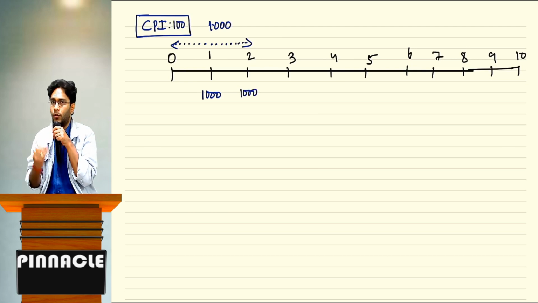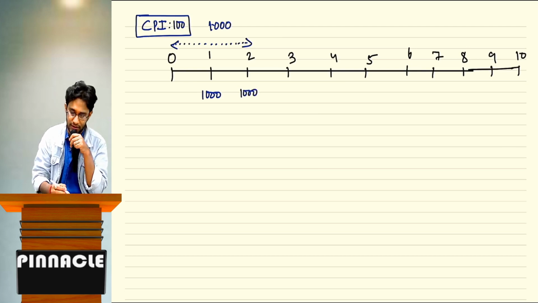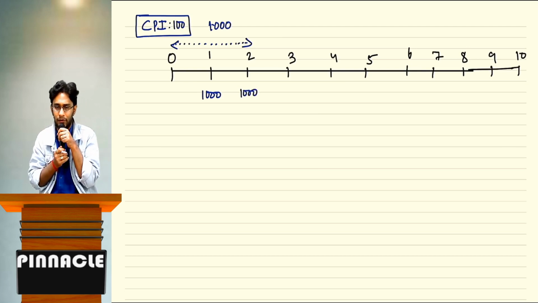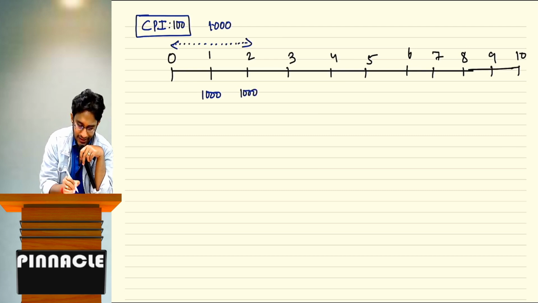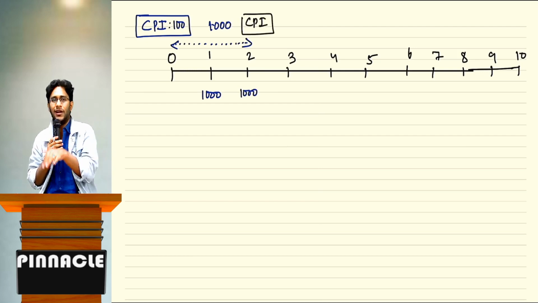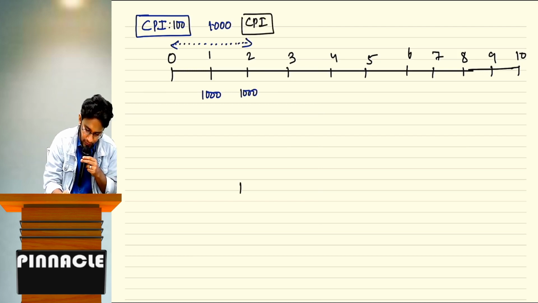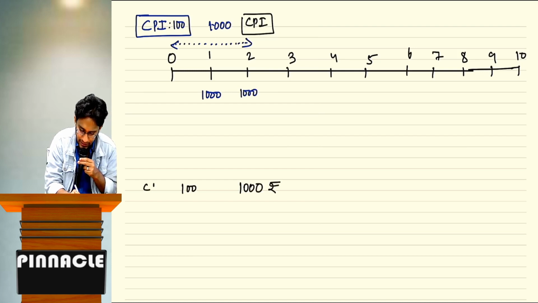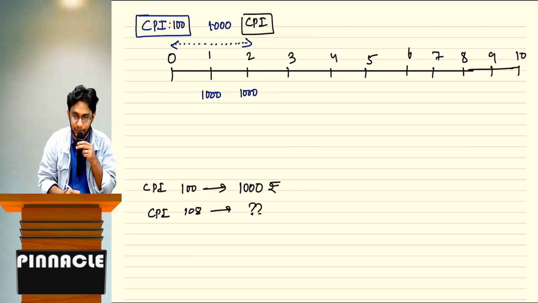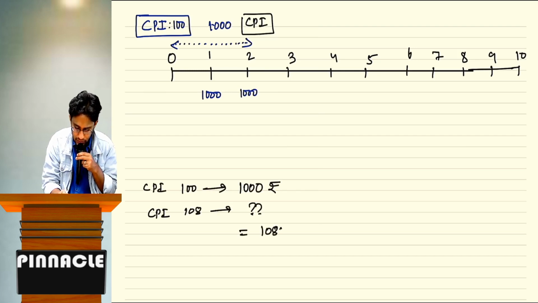Sir, for the third year, how much will you pay? What he says is, every 2 years the lease rent will be updated. What you have to do is, at the second year ending, see what the CPI is. It is 108, they gave you. So if 1,000 is the lease rent when the CPI index was 100, if the CPI index is 108, then how much will it be? 1080.